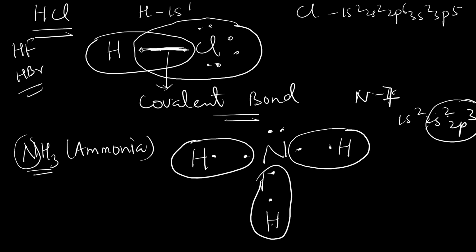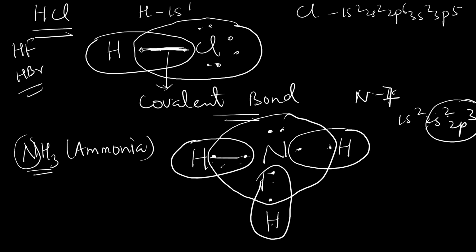What about nitrogen? Nitrogen already has 5 electrons, so it needs to share. 1, 2, 3, 4, 5, 6, 7, 8. So it has completed its octet.